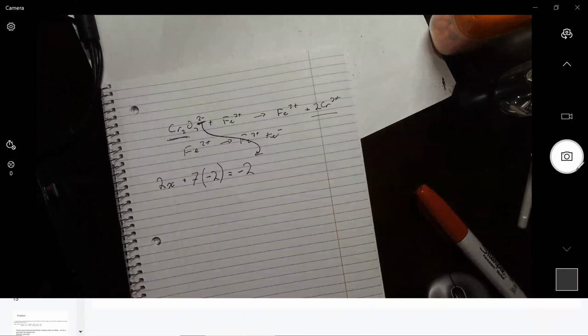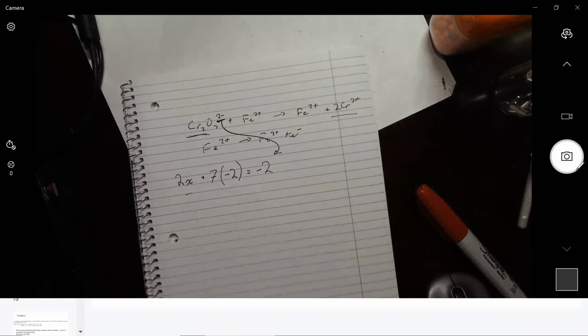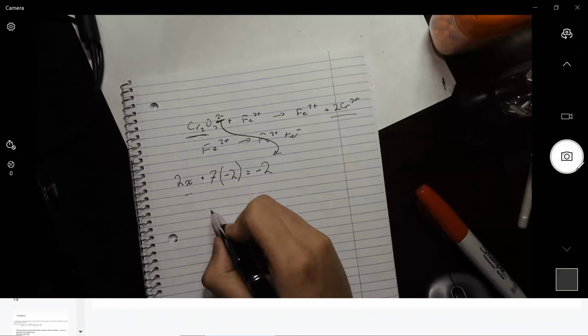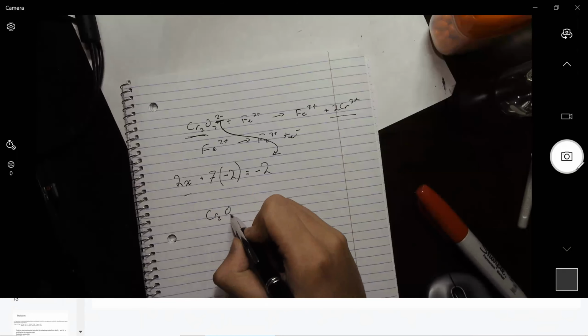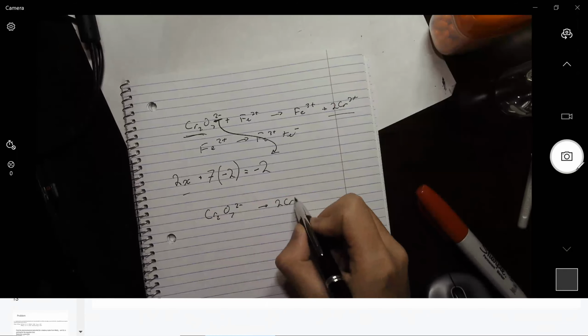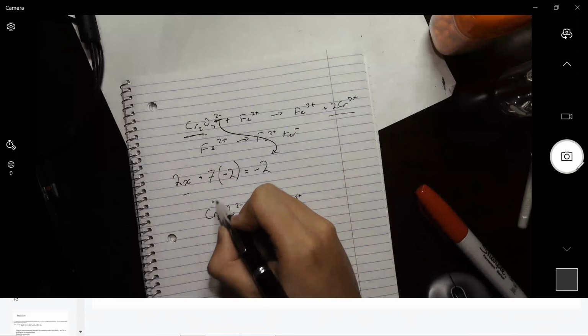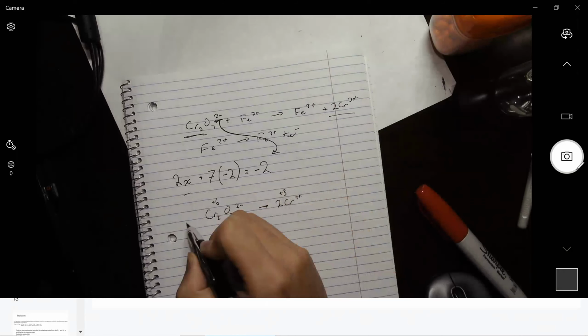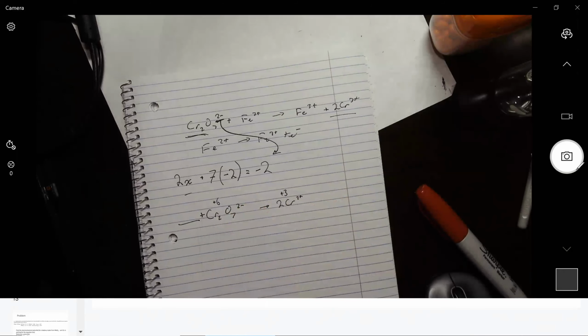So what's X? Right. And we're going from +6 to +3. So what should I put in the blank?